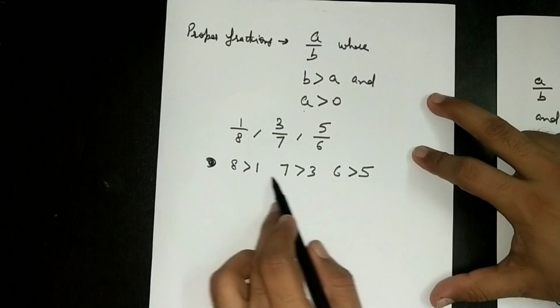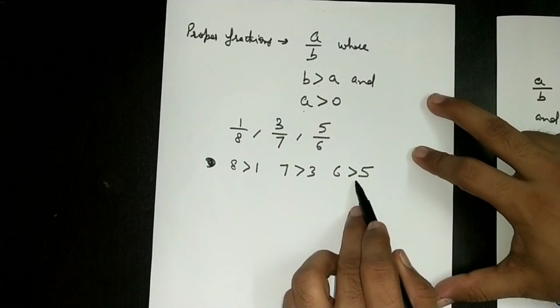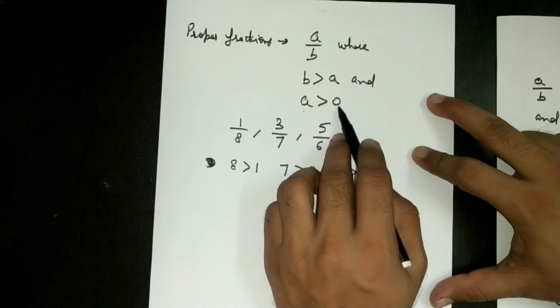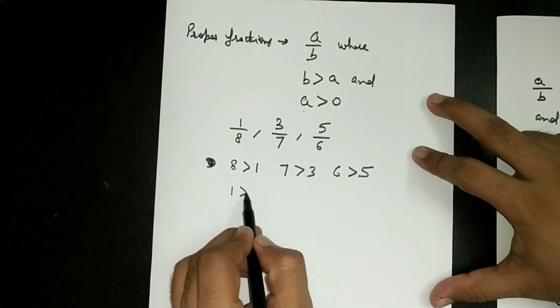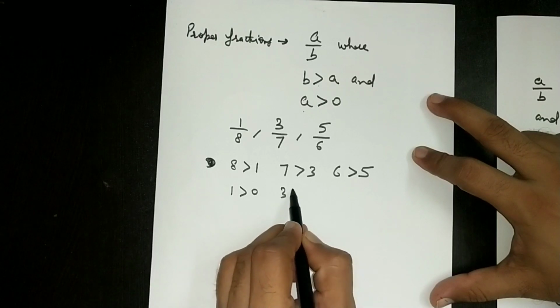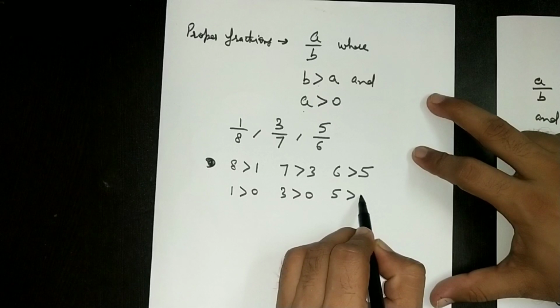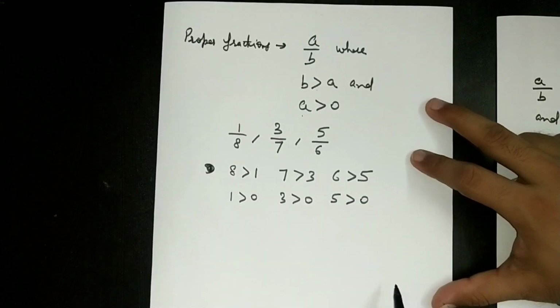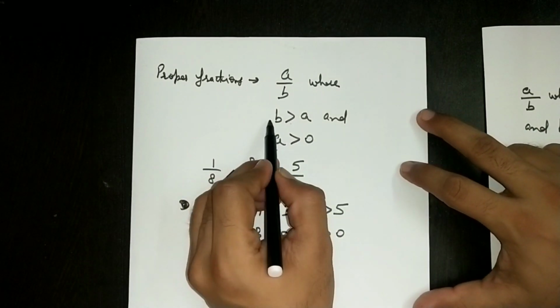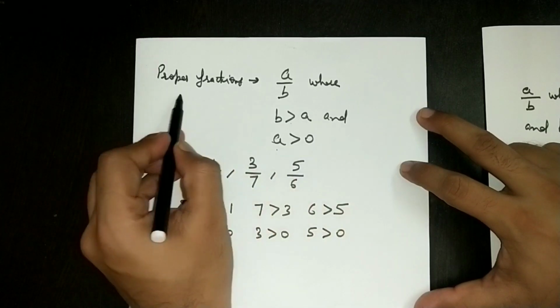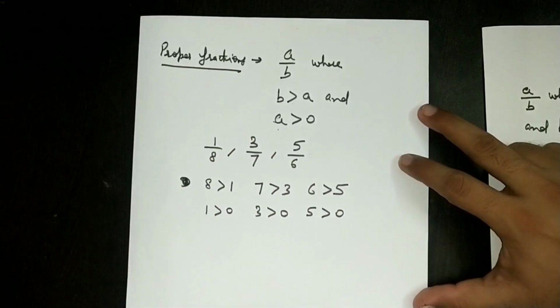So your first condition is satisfied. The second condition is A should be greater than 0. Here 1, 3 and 5 are all greater than 0. So when both conditions are satisfied, B is greater than A and A is greater than 0, it is a proper fraction.